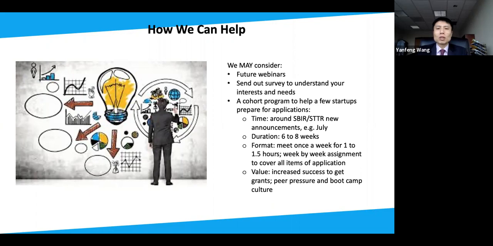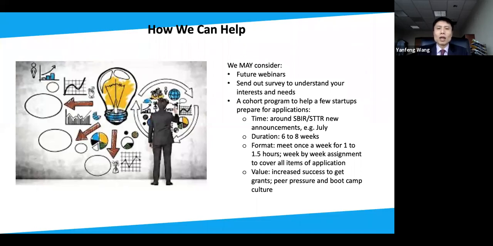So we want to generate that kind of peer pressure so that you can finish your application in time. In this process, we can also observe your needs. In case you face some difficulty or challenge, we will see what kind of resources in our innovation ecosystem we can connect you with.